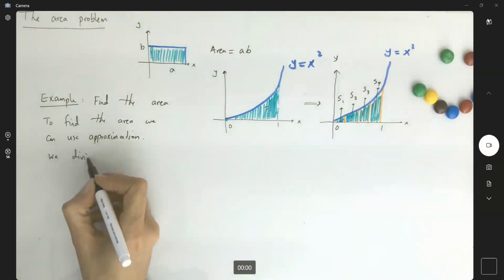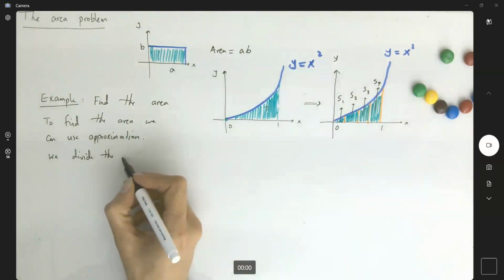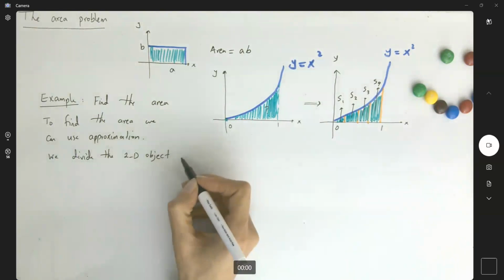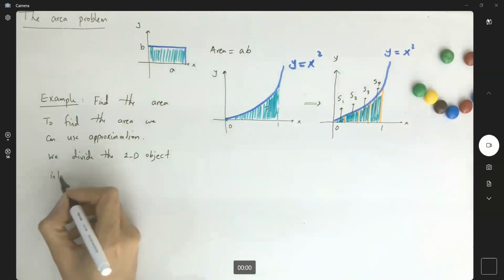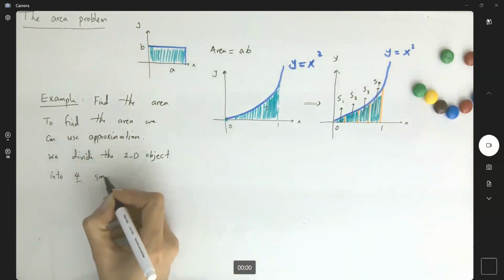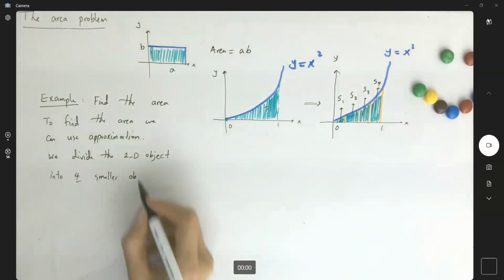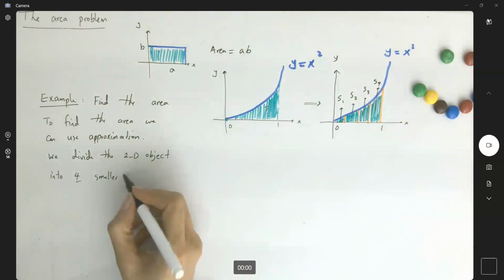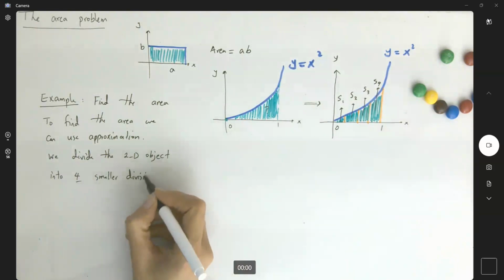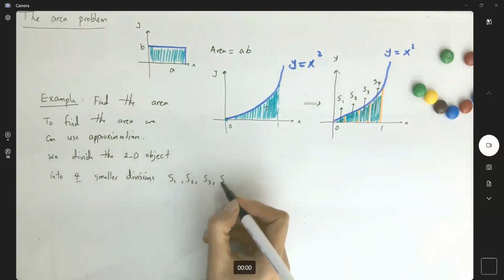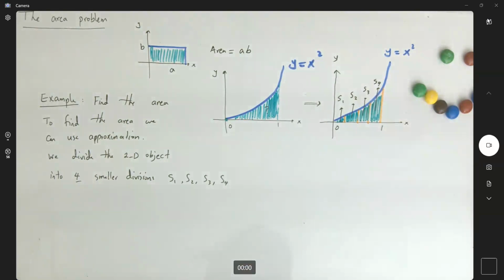We divide the two-dimensional object into 4 smaller divisions: S sub 1, S sub 2, S sub 3, and S sub 4.